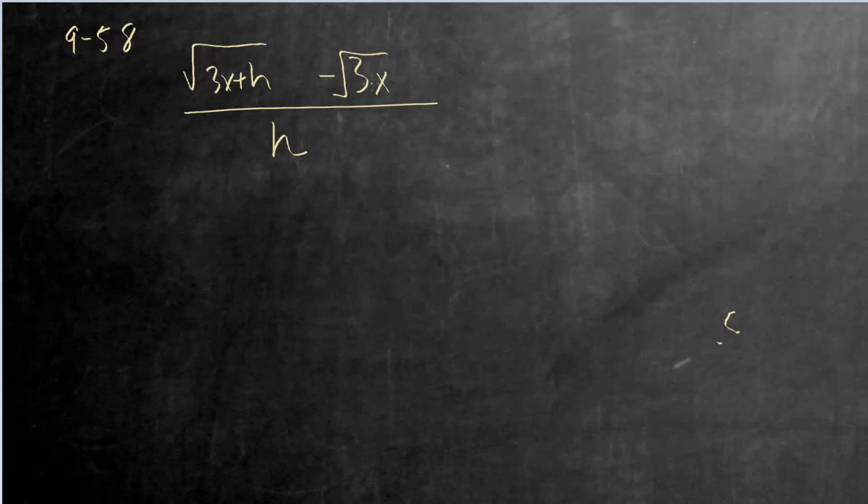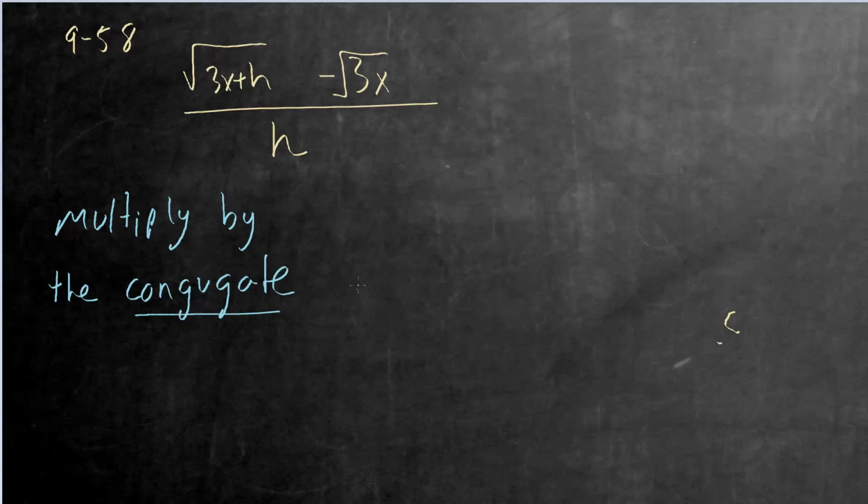So the move is, and I'll write the word, multiply by the conjugate. That's the word we want to work on. So the conjugate of a minus b is a plus b.